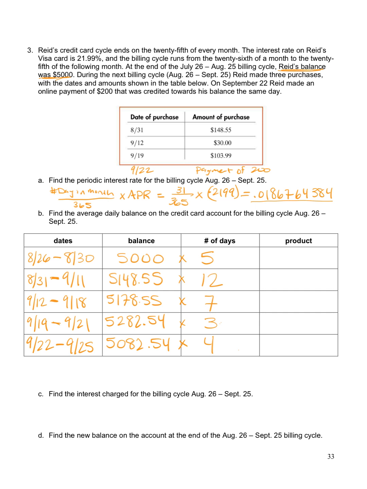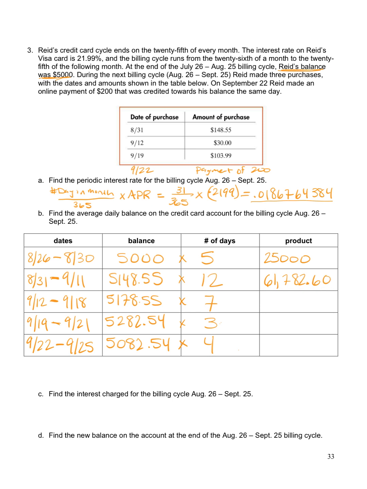5,000 times 5 is 25,000. $5,148.55 times 12 is $61,782.60.